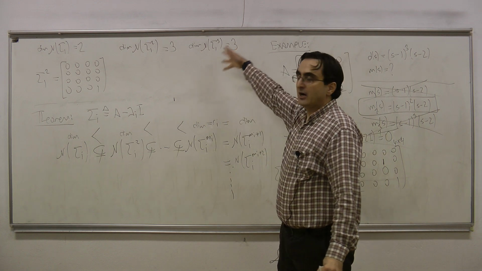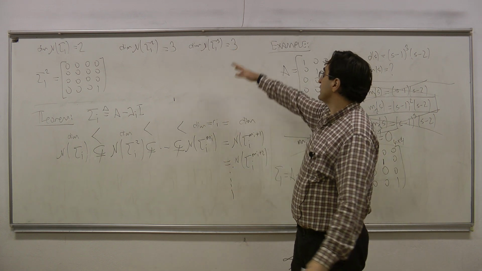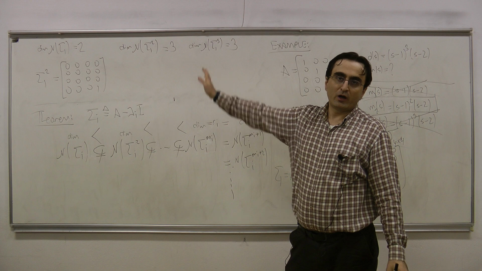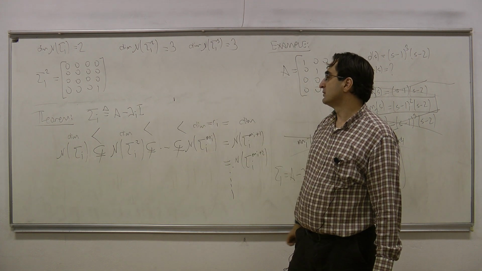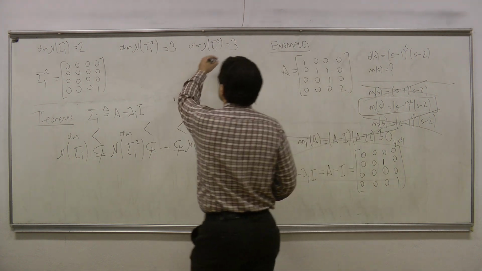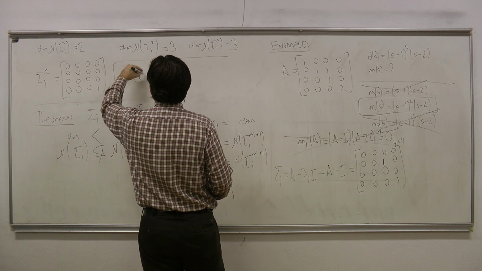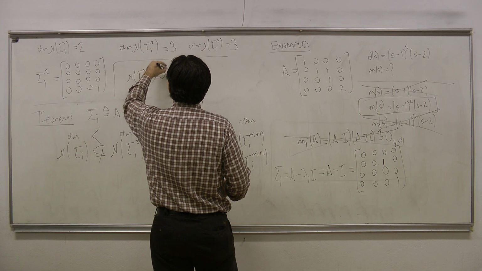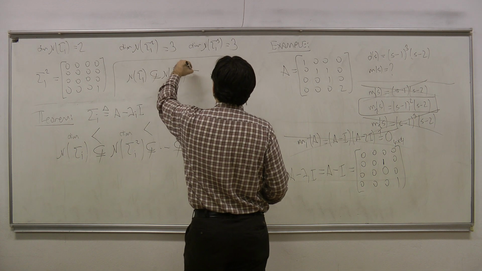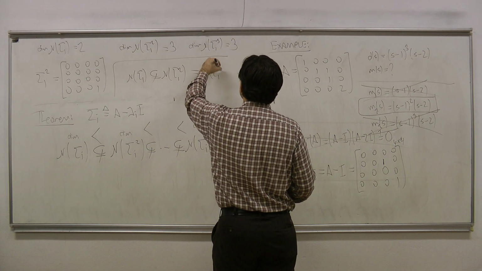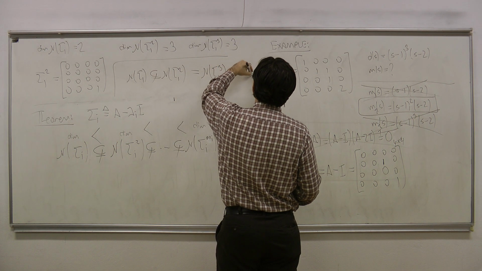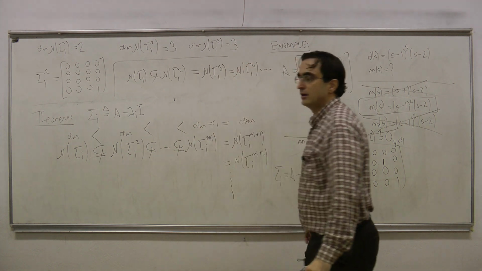And if I increase the power any further, I would get dimension 3 forever, for all increasing powers. So for this matrix, we have the null space of sigma 1, the null space of sigma 1 square, and then we have equality for sigma 1 cube, sigma 1 to the 4, etc.